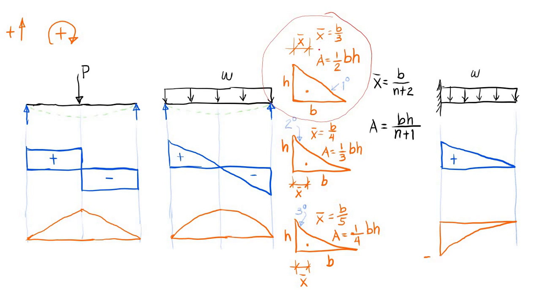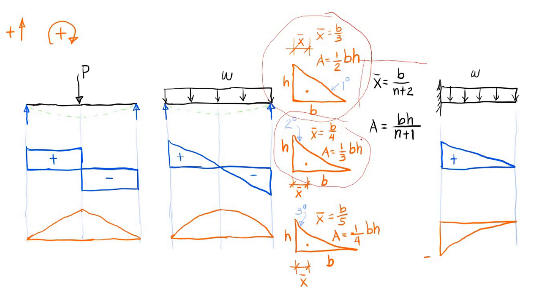The location of our centroid is at x bar equals b over 3, and the area is 1/2 base times height. Now we have here another figure. This is a second degree curve. The location of our centroid should be b over 4, and the area is equal to 1/3 bh, and so forth.